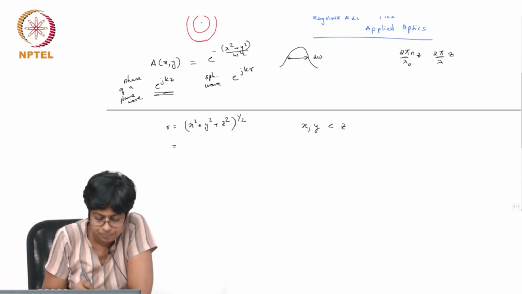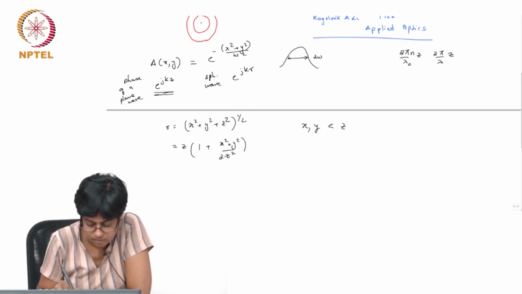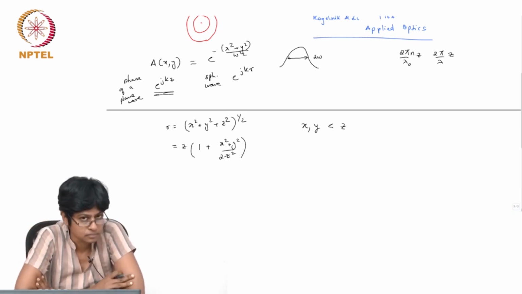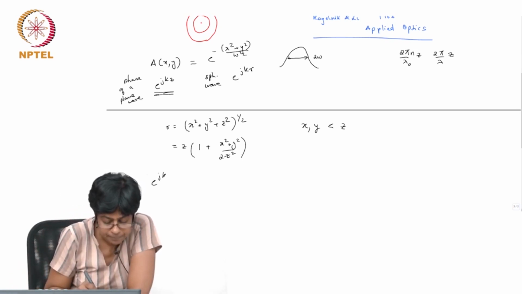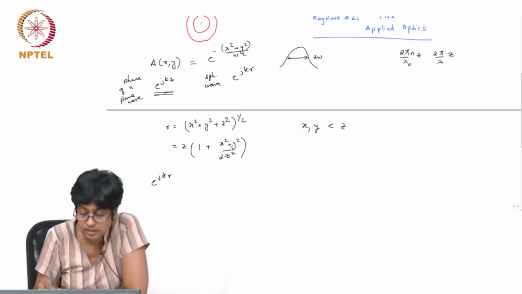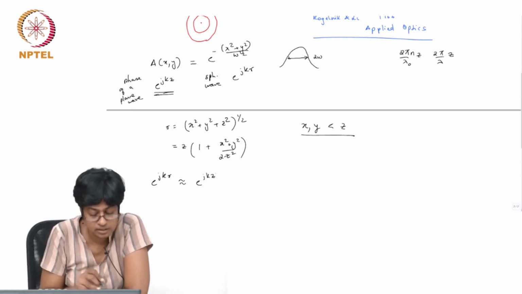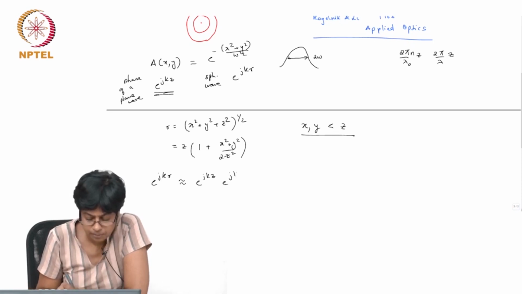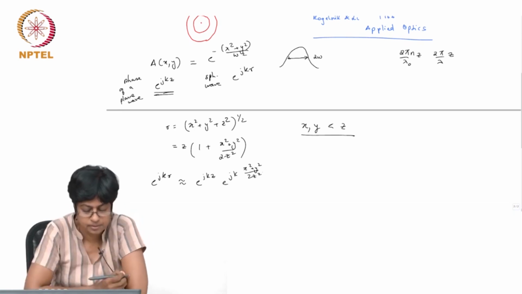Now, if I do that, I can rewrite this. My phase, I could consider to be e power jkr, but because of this assumption, the r reduces to e power jkz, that's the first term, times e power jk (x squared plus y squared) by 2z squared.